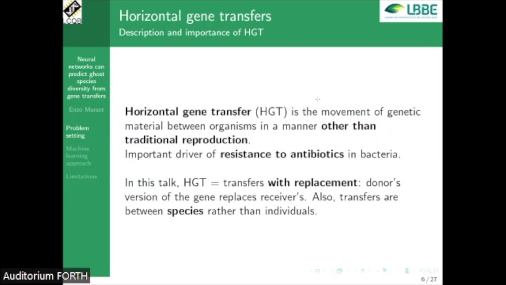In this talk, we will talk about horizontal gene transfers with replacement. If you have two species with one version of the same gene for each, the transfer from species A to species B will replace B's version of the gene.